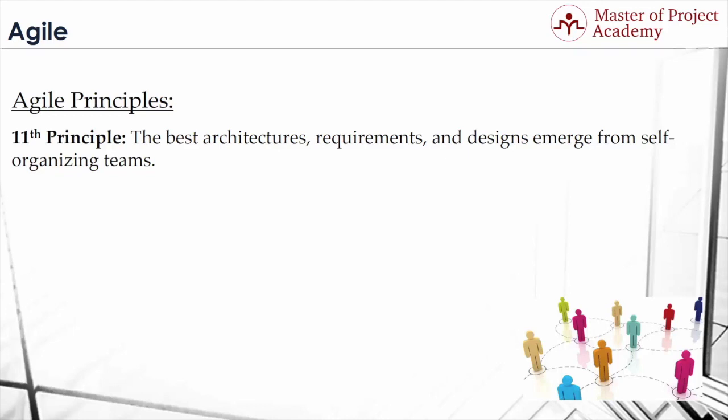Agile methodologies encourage the self-organization of the teams. Based on the capabilities and competencies of the team members, the team organizes itself to produce the best architecture and design. However, in conventional project management methodologies, roles and activities of each team member were assigned by the managers.